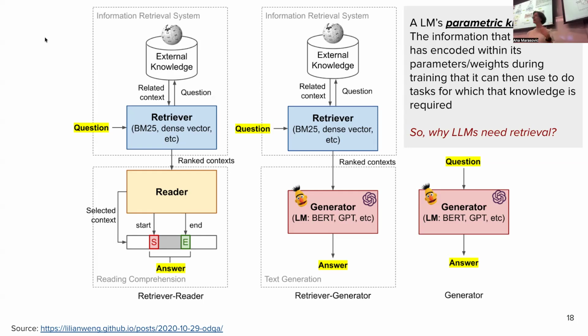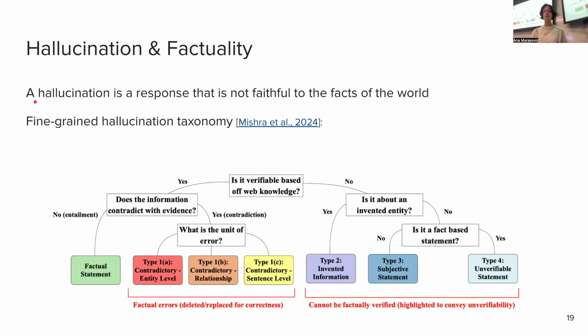And although the model might use its parametric knowledge to answer the question correctly without having access to relevant information, very often in practice, we have seen cases of so-called hallucination, which is a response that's not faithful to the facts of the world. Here is a taxonomy of hallucinations. So we have those that contradict the evidence, what we know about the world, right?